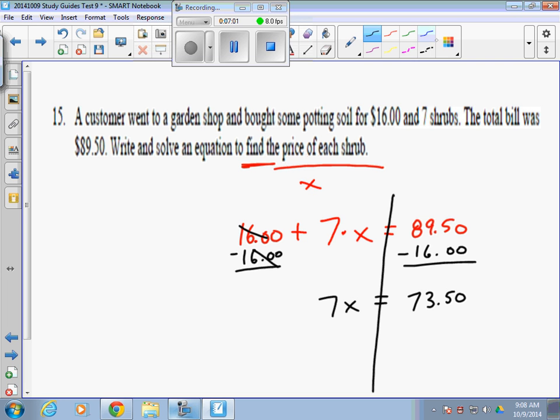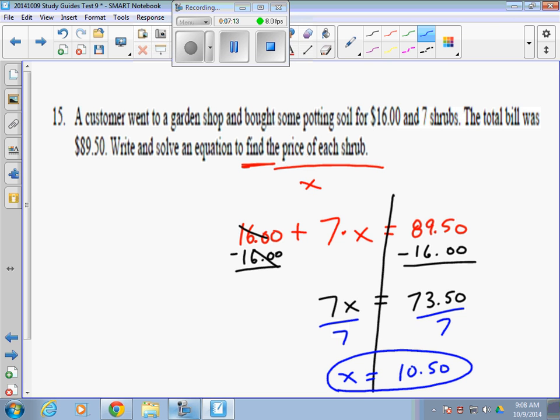And when you divide by the 7 that's being multiplied, you have to do the same to the other side. X is going to be equal to $10.50. So what that says, since X's value is $10.50 and the price of each shrub was X, therefore, each of the shrubs cost $10.50.